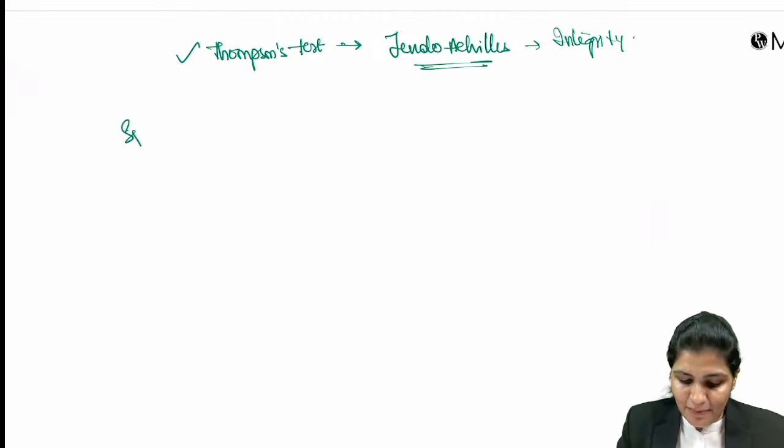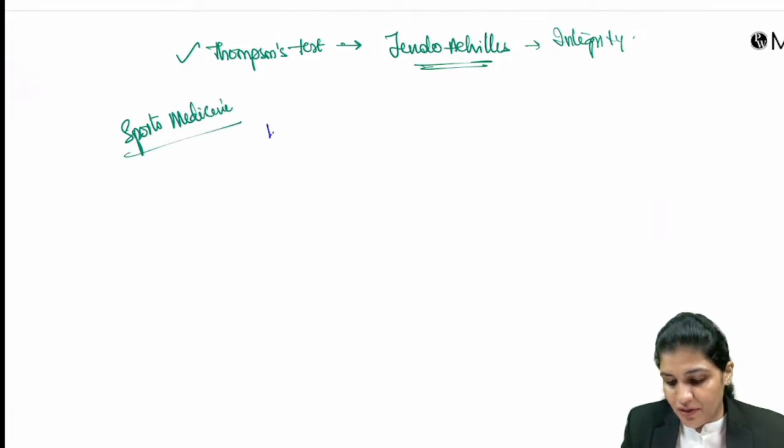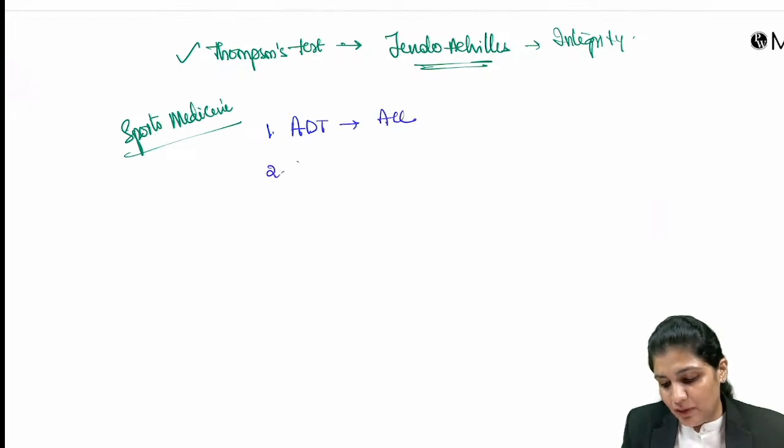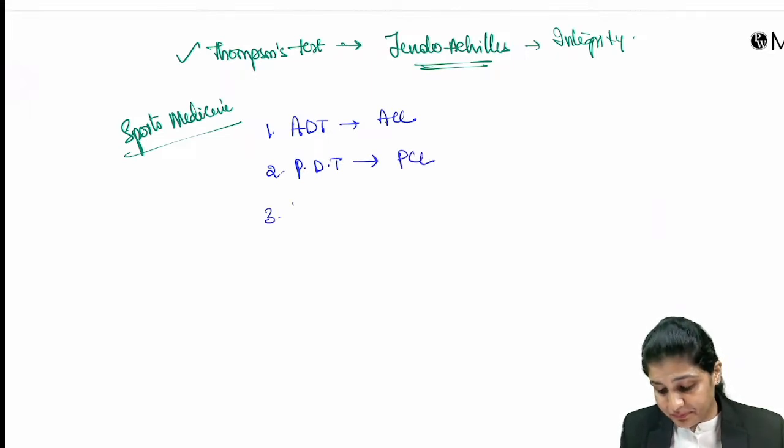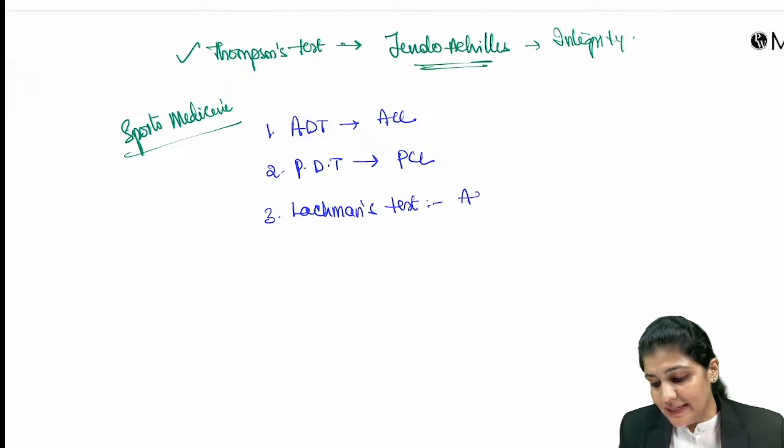Then let us see some important tests in case of your sports medicine. So here I will start first with the anterior Drawer's test for ACL. Then you have similarly the posterior Drawer's test for the PCL. And then you have your Lachman's test again for your ACL.